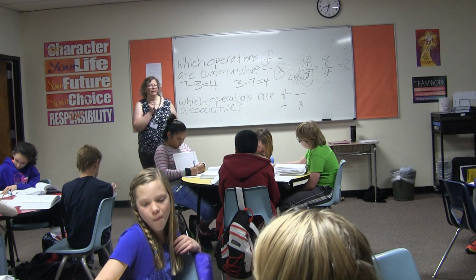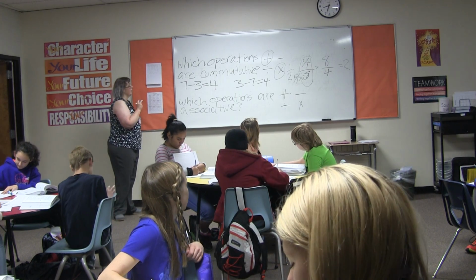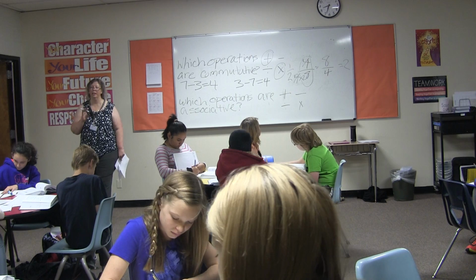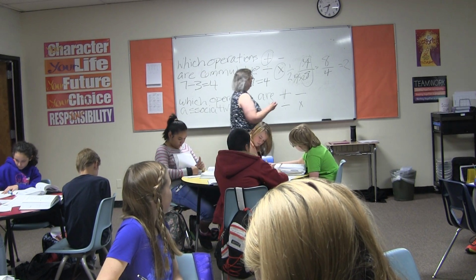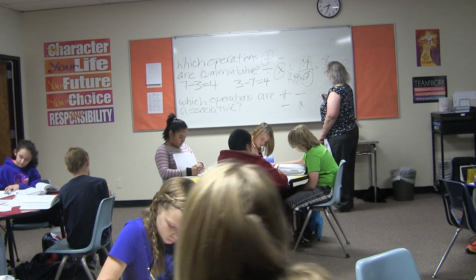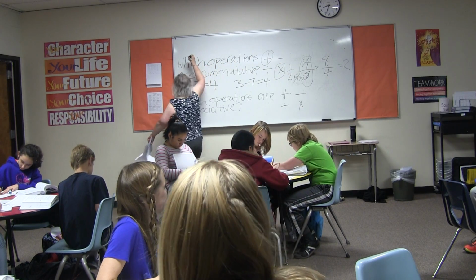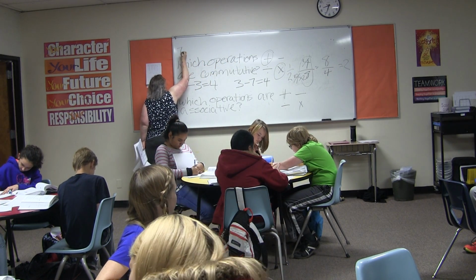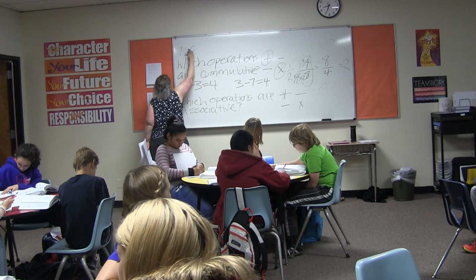So go ahead and write down those examples in your workbook. Division and subtraction are not commutative, but we have that little trick with adding a negative. So let me write that up here. 7 plus a negative, oops, let's try that again.